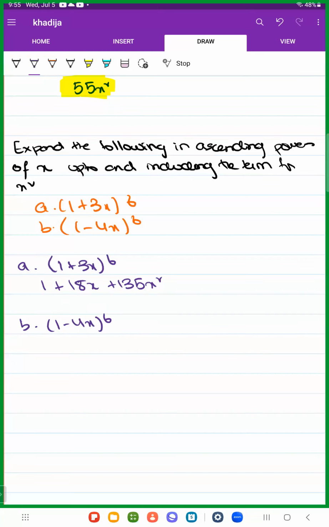Just one thing I wanted to clarify. If it's 1 minus 4x, will the B be minus 4x or just 4x? It'll be minus 4x. Okay.